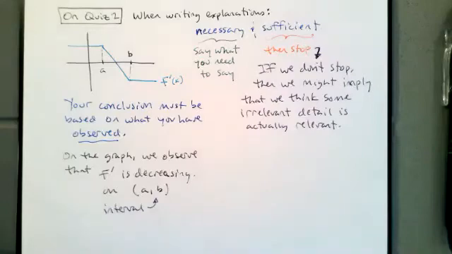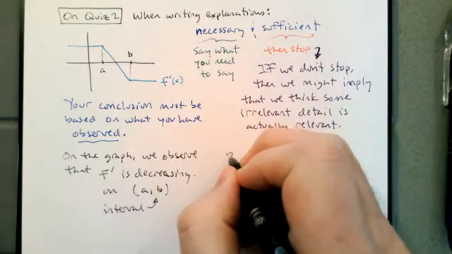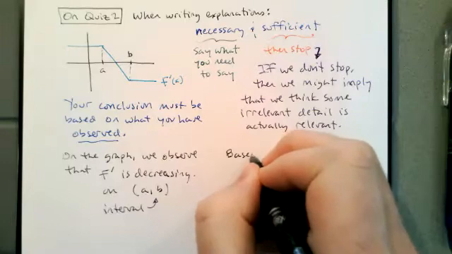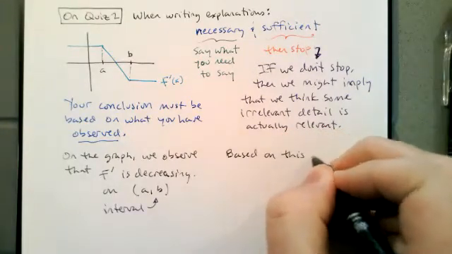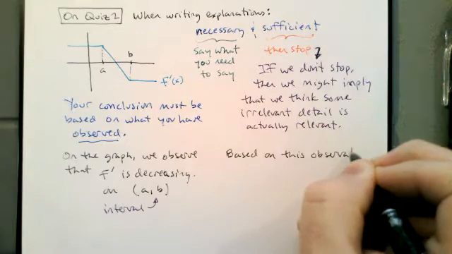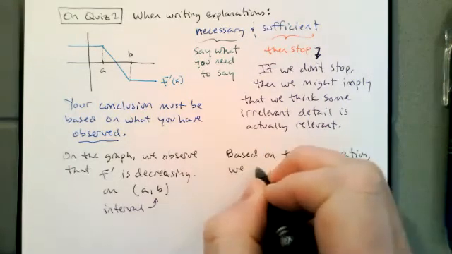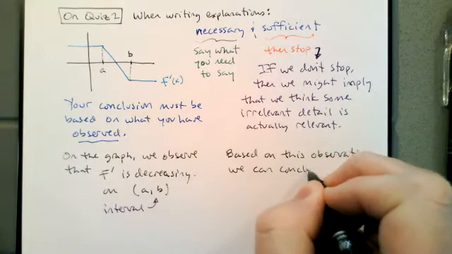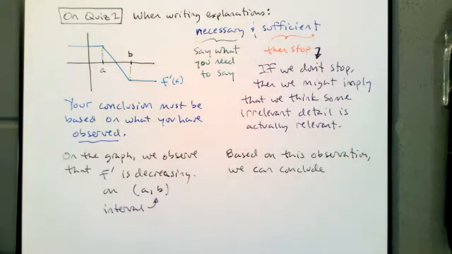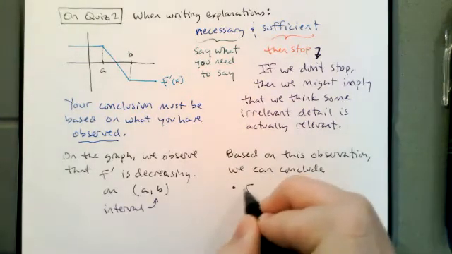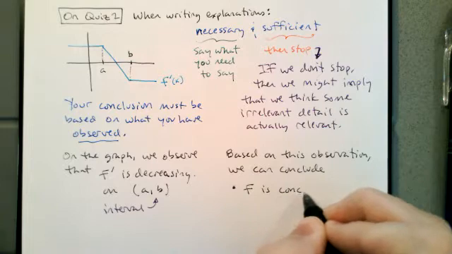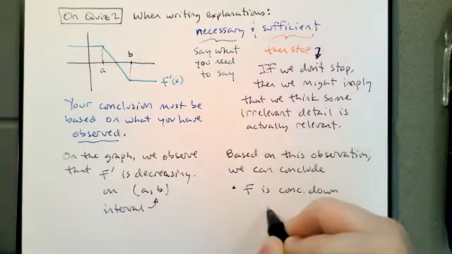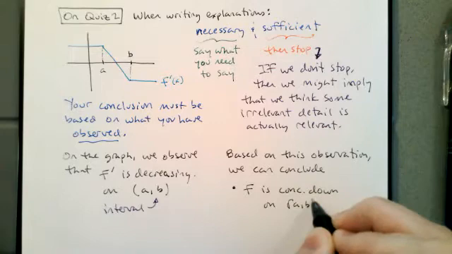So f prime is decreasing. That's the direction of f prime. Based on this observation, we can conclude that f is concave down on the interval from a to b.